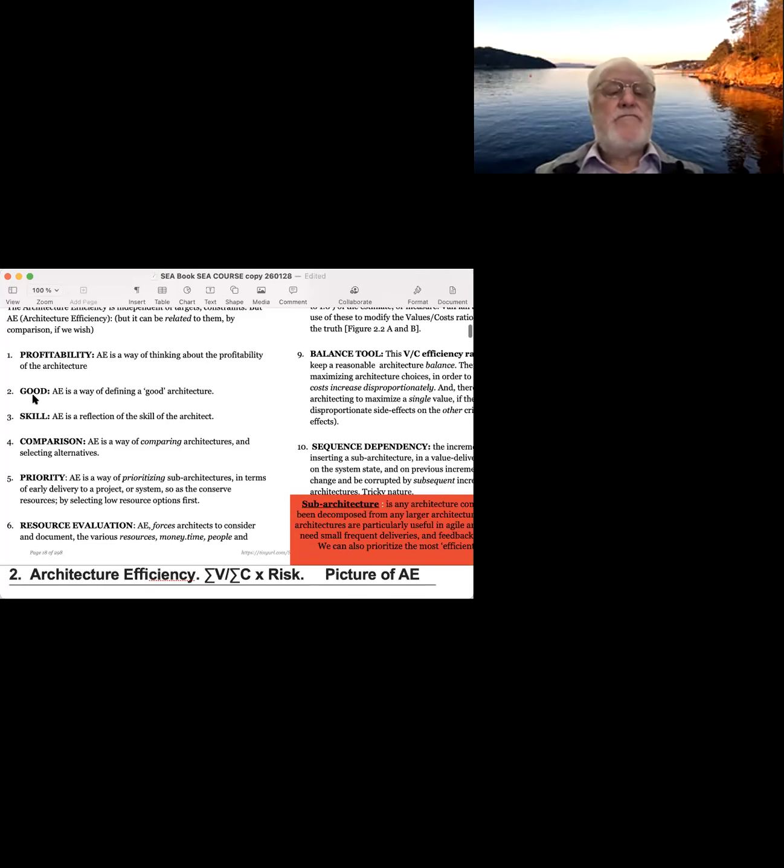Okay, so good has to encompass not only cost effectiveness, but not violating any other specified binary constraint. And I should probably put that in there and edit the book, but we'll leave it there. Okay. Now, how skilled is an architect?